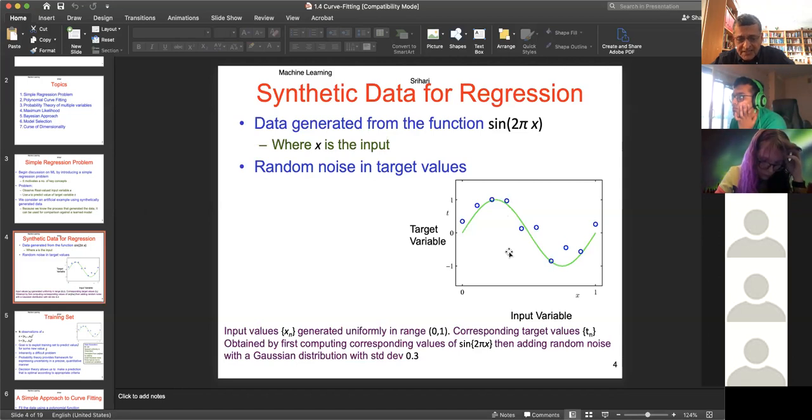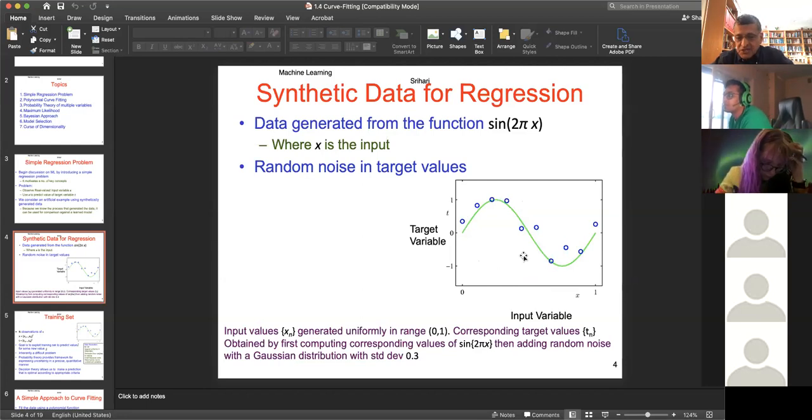We not only do sine 2 pi of x, we also add random noise with a Gaussian distribution with standard deviation 0.3. As you can see, sine 2 pi of x will be this perfect green sinusoid, but these blue points are not lying exactly on that green curve. They're a bit off. And they're a bit off because after every sine 2 pi x was generated, we add to it a quantity from a Gaussian distribution, which is usually centered.